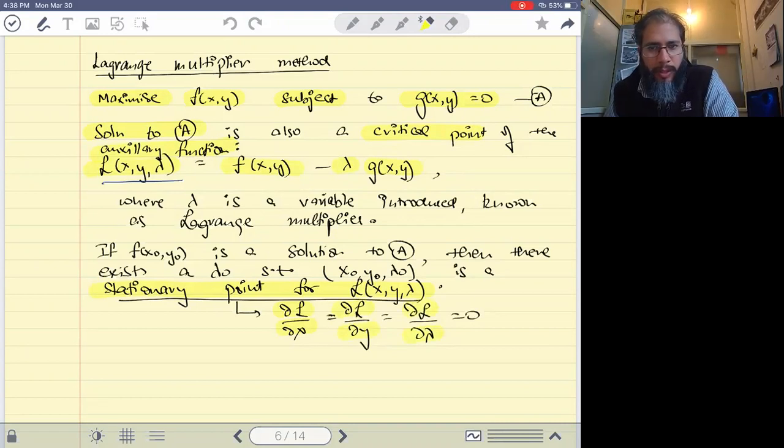That's called the stationary point or the critical point of this auxiliary function L. What the method says is that if x naught comma y naught is a solution to A, that is our optimization problem, then there exists lambda naught such that x naught comma y naught comma lambda naught is a stationary point of L.